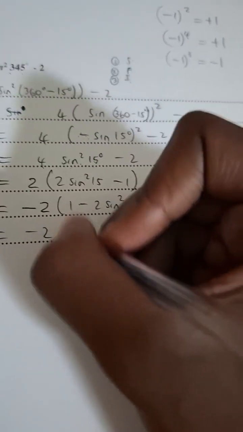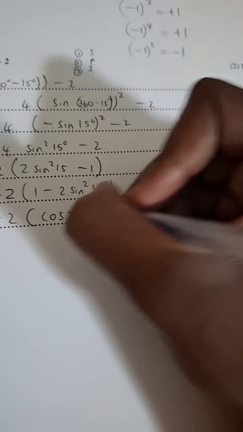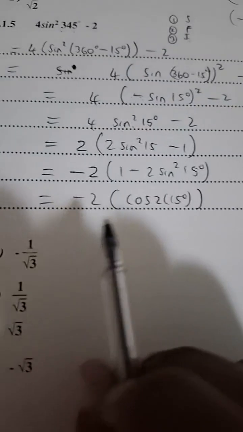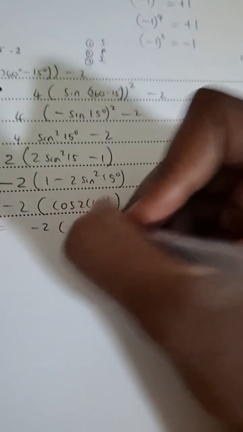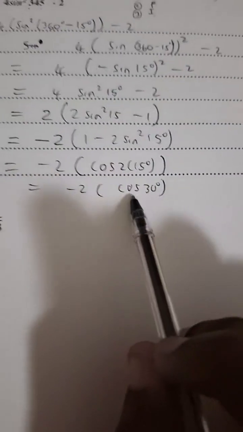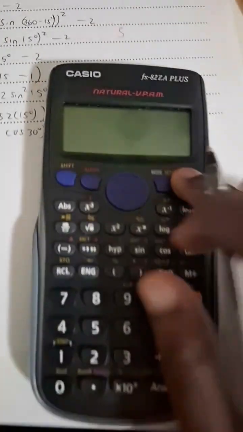It's very helpful. Then negative 2 into, now this is the double angle of what? Of course, cos 2 times 15 degrees. What's 2 times 15? I still have negative 2 into cos 30 degrees. What's cos 30 degrees? I can go to my calculator.